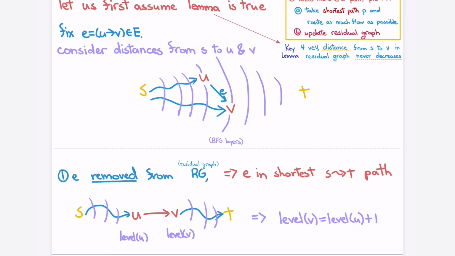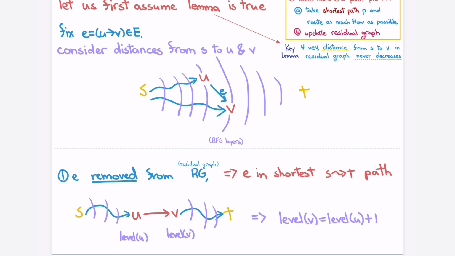And so whenever the edge is removed, that means it was just on the shortest path from S to T, right? Because we're always sending flow along a shortest path. So that means in terms of the layers, or I guess I wrote them as levels, U was one level before V. Okay, because you always have to go up a layer if you're doing breadth first search.